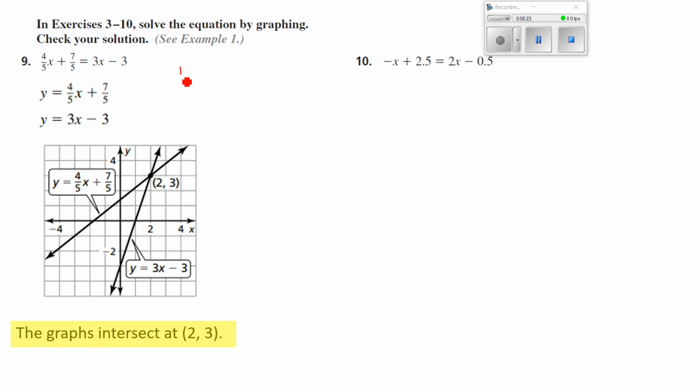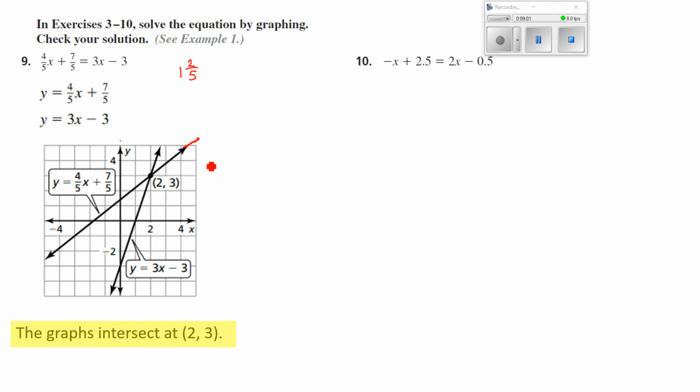If I'm at 1 2/5 and I go up 4, that's going to put me at 5 2/5. So that would be about somewhere over here, right? Because this is 5. So 5 2/5 would be about here. And then you're going to have to go over 5. That would put you way over here.